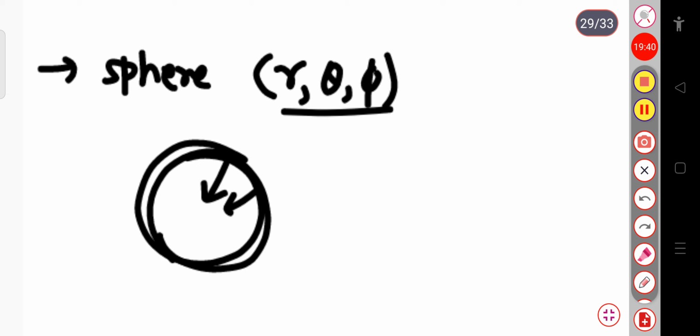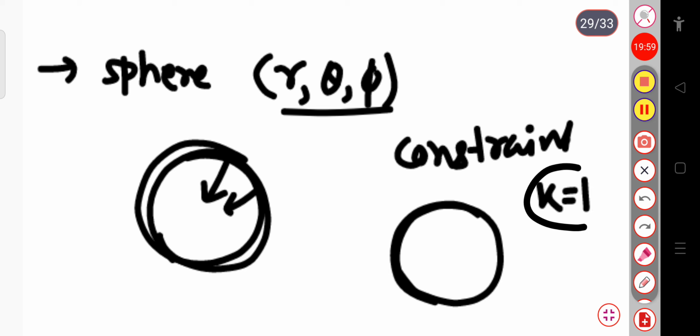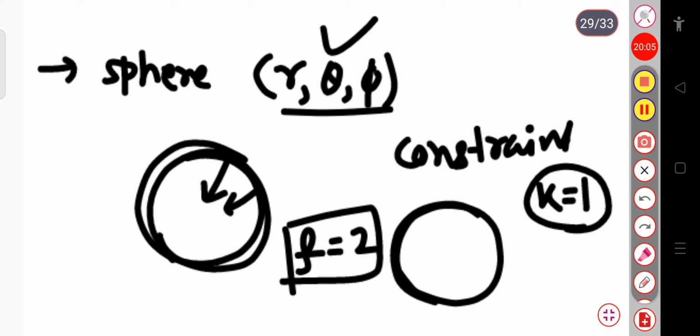But when I give a constraint, a restriction that it can move only on the surface of the sphere and cannot move inside, the constraint is 1. So the degrees of freedom will be 2, that is, the generalized coordinates are theta and phi.